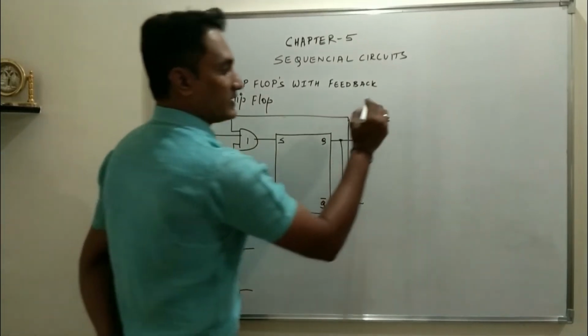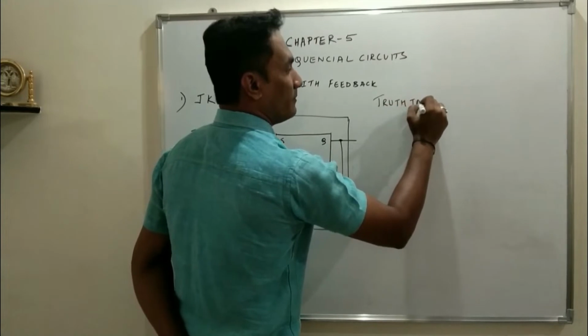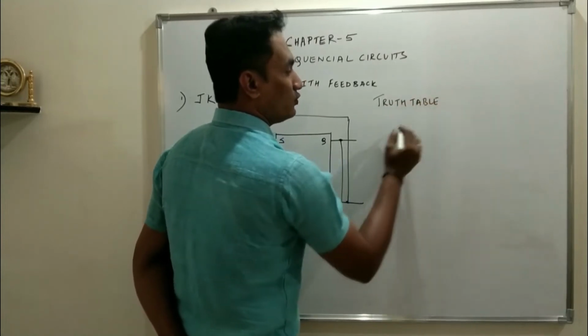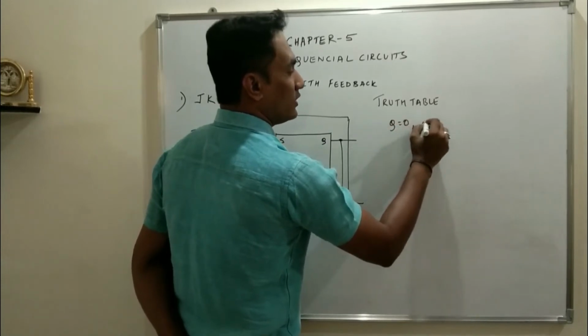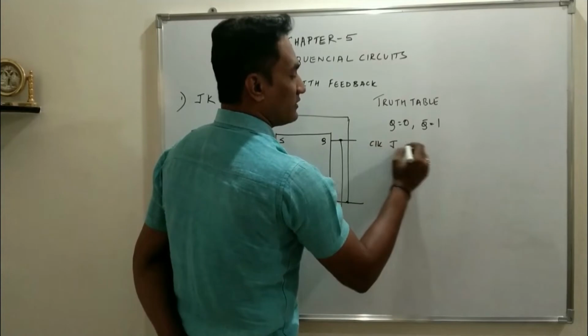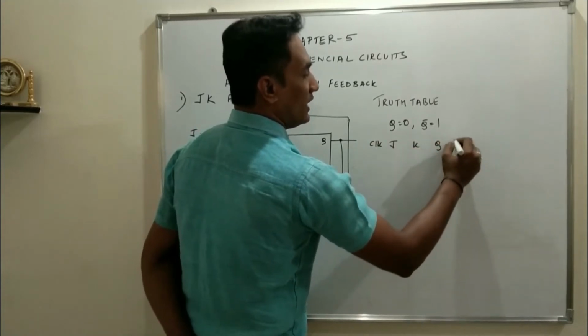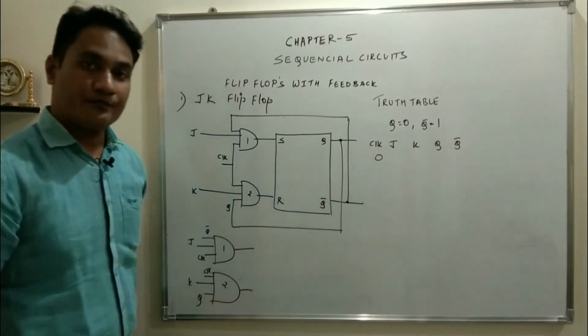Let us try to understand by truth table. So the truth table will have, of course, the initial condition Q equal to 0, Q bar equal to 1. The inputs will be clock, J, K, Q and Q bar. What happens when clock is 0?